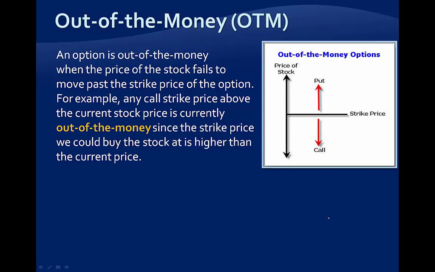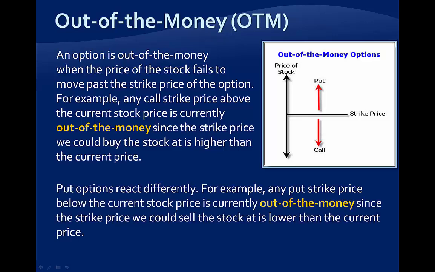There's no intrinsic value. There's no equity in it. It's kind of like, to use the real estate analogy, you owe more on your home than what it's worth. It doesn't exactly work that way, but basically you don't have any intrinsic value. You can't sell it right now and make a profit. Put options react differently in that they move the other way, right? So we know with put options, if the stock is below the strike, then they're in the money.